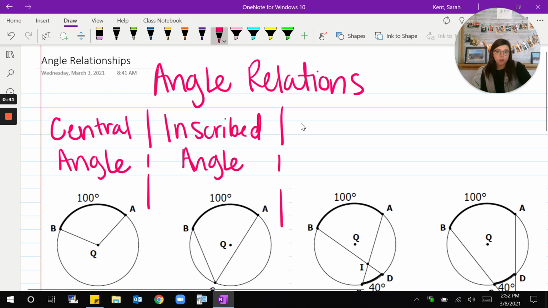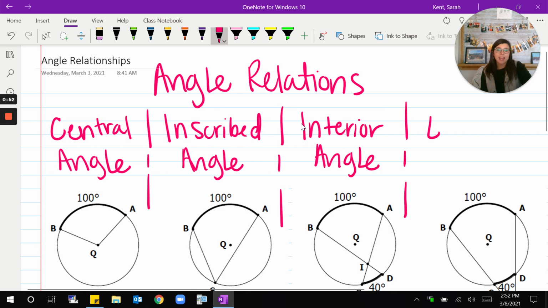A third will be an interior angle. And the fourth will be an exterior angle. So we're going to go through these one at a time, seeing how they connect and how we can solve them. So these are all connecting an angle to an arc.